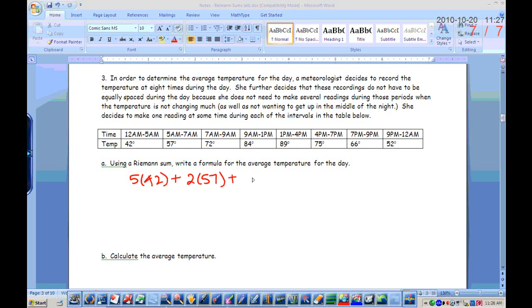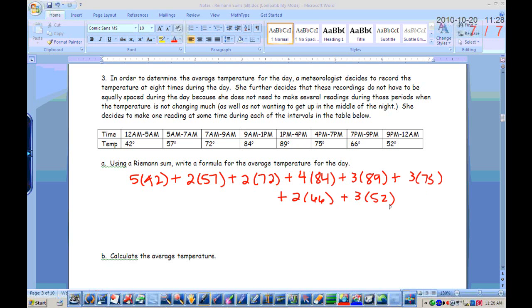Okay, what would the next one be? 2 times 72. And then 4 times 84. 3 times 89. 3 times 75, 2 times 66, and then 3 times 52.